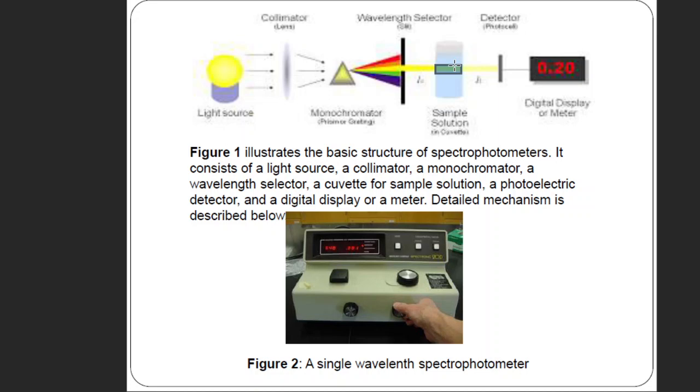So the degree to which this light will be absorbed by this solution depends upon the path length of the sample holder. If the path length is smaller, a lower amount of radiation will be absorbed. If the path length is comparatively more, more radiation will be absorbed by this particular solution. This is what Lambert's law states. Is it clear? Yes, sir.